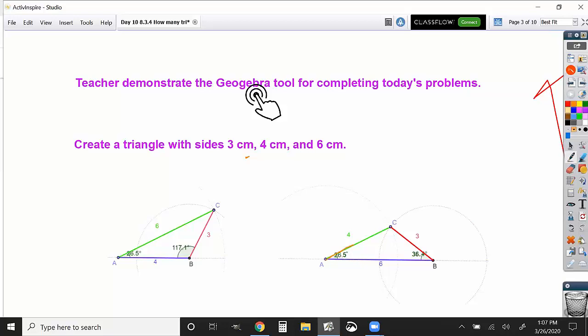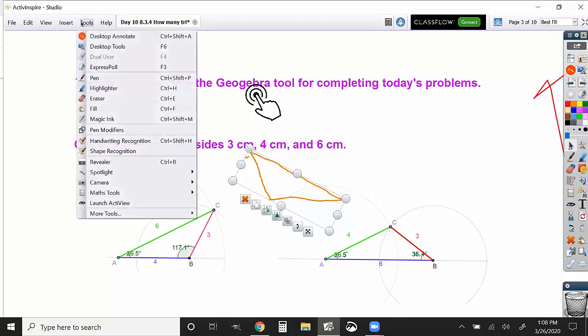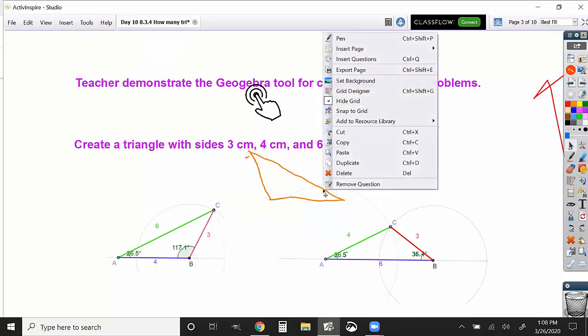There we go. All right, if I trace this one as best I can, and I take that shape now, and I move it over here, and I rotate it. Okay, we're getting closer, and then I'm going to take that, and I'm going to reflect it. Let me right-click on that thing.